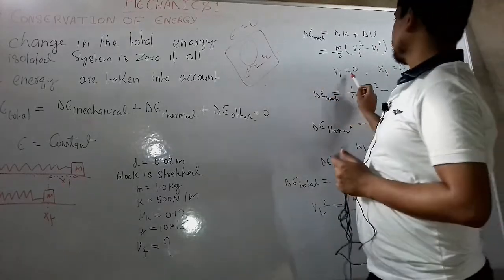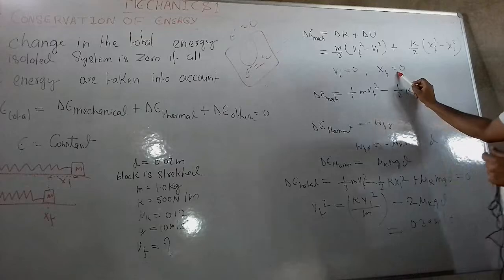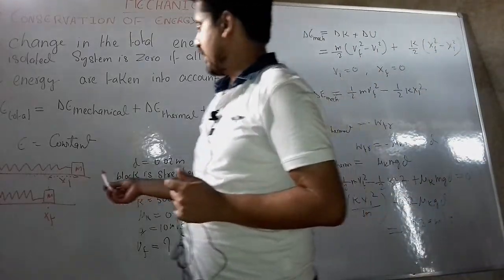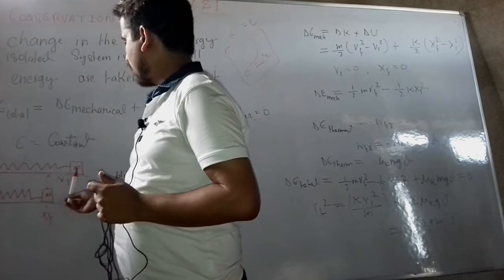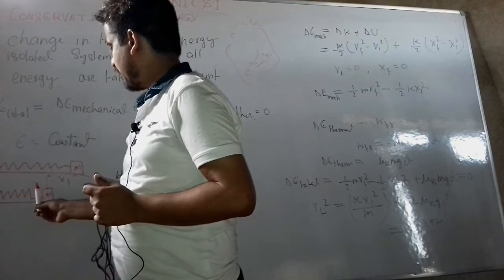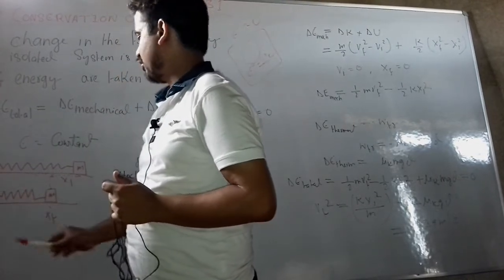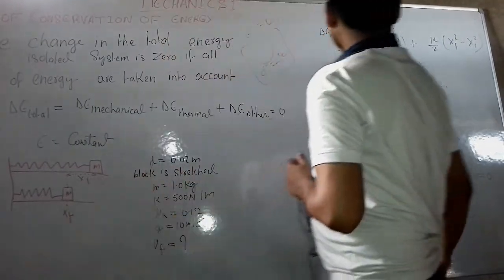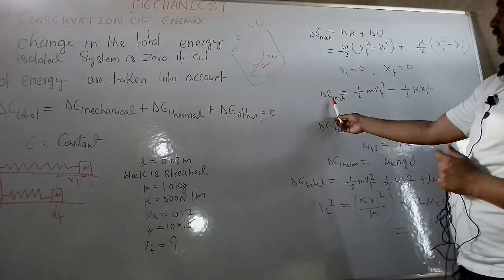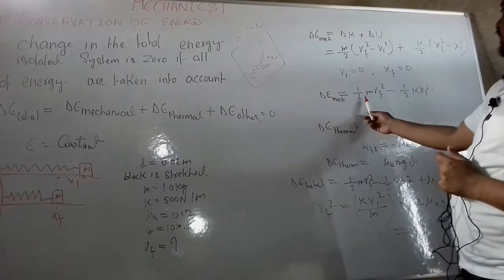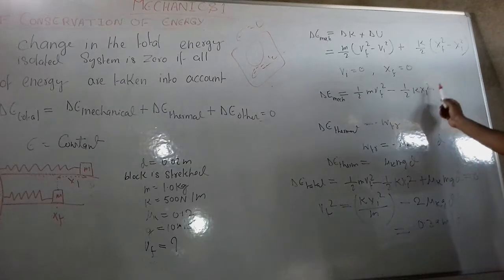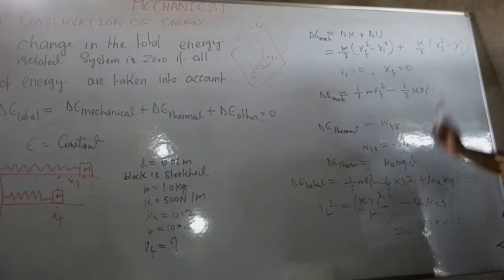Here the initial velocity is 0 and the final position is also 0, because this spring will finally go to its initial position where x f is 0. So the change in mechanical energy is half m v f square minus half k x i square.